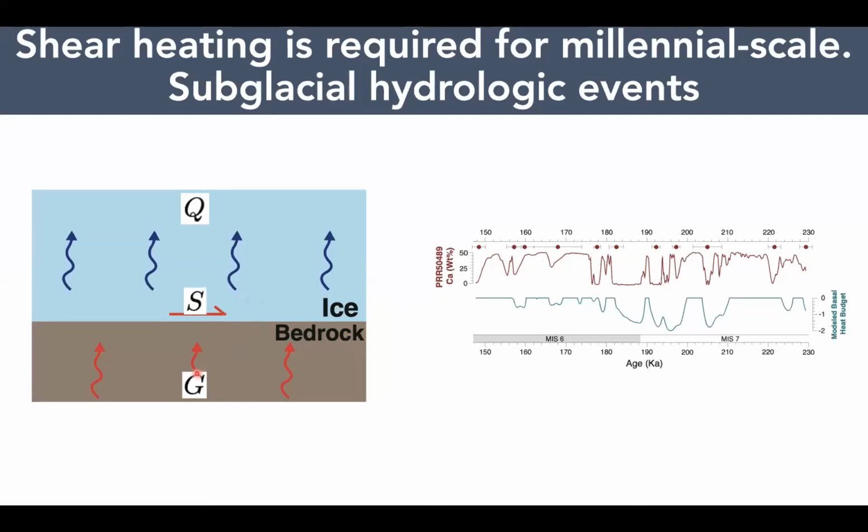You can call on geothermal heating that might change the energy at the base of the ice sheet, but there's no reason why we would think that geothermal heating would change on these timescales, so we disregard that. You could also call on a change in the amount of heat that's lost to the surface. This gets back to a question that was in the chat: could these millennial scale shifts be a function of the thickness of the ice sheet, the accumulation rate possibly changing on millennial timescales?